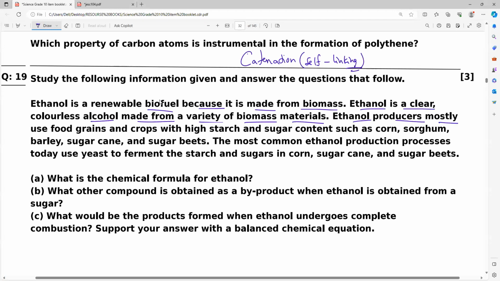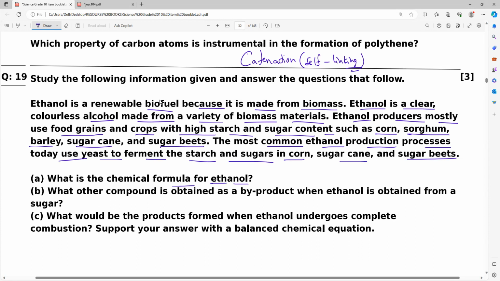It is mostly produced from food grains and crops with high starch and sugar content, such as corn, sorghum, barley, sugarcane, and sugar beets. The most common ethanol production processes today use yeast to ferment the starch and sugars in corn, sugarcane, and sugar beets.